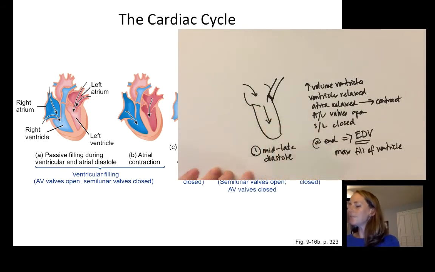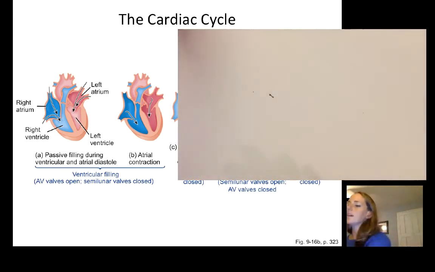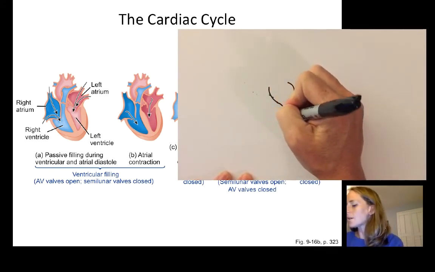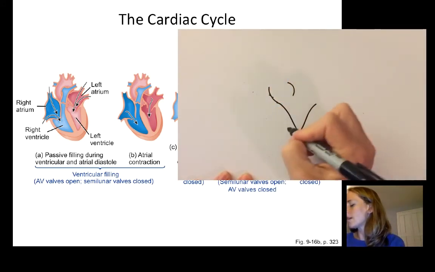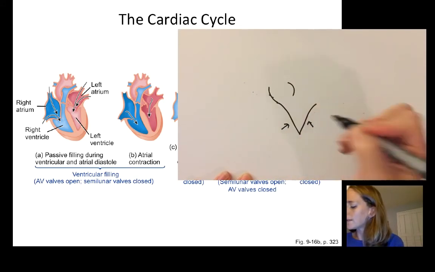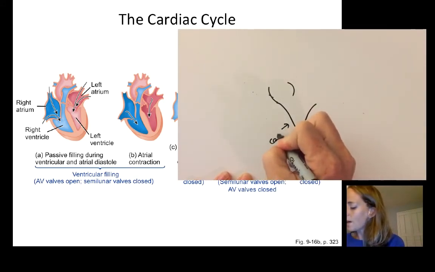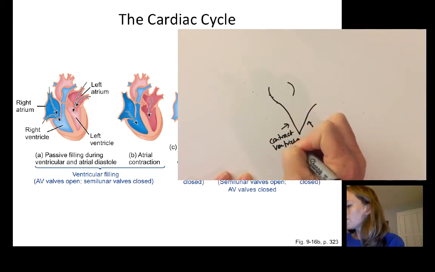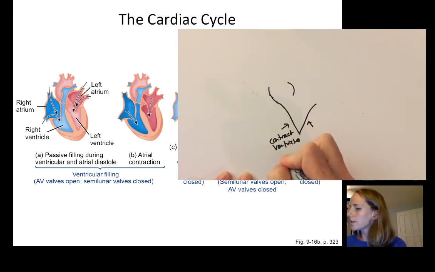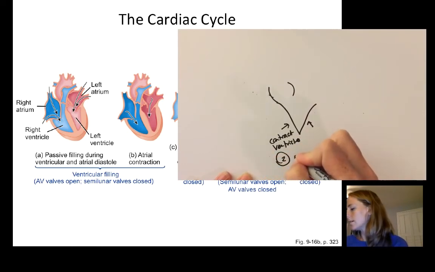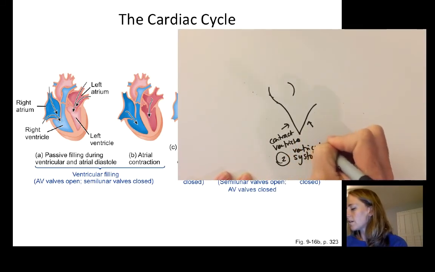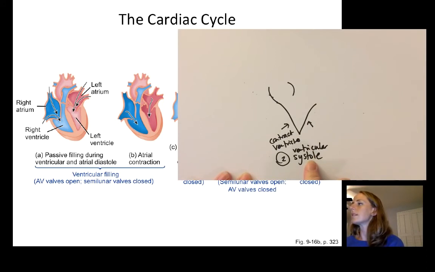From here, now we're going to get a signal from the pacemaker cells, and that is going to cause contraction. I'm going to show it as like a squeezing. So now the ventricles are going to contract. When the ventricles contract, we're going to call this systole, specifically ventricular systole.